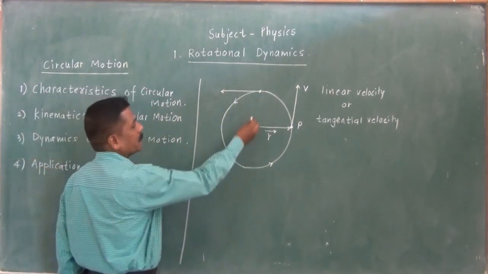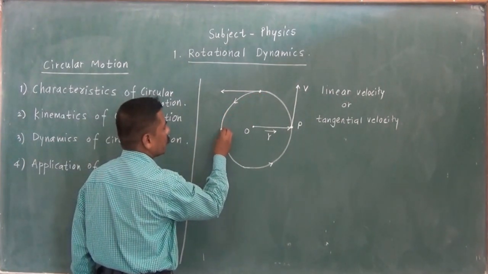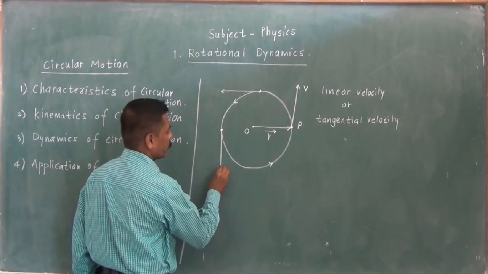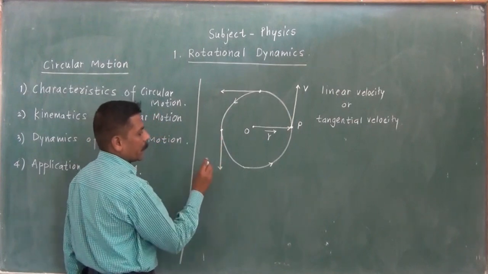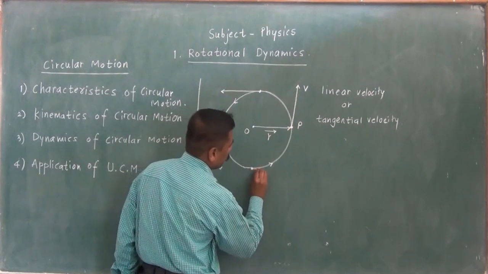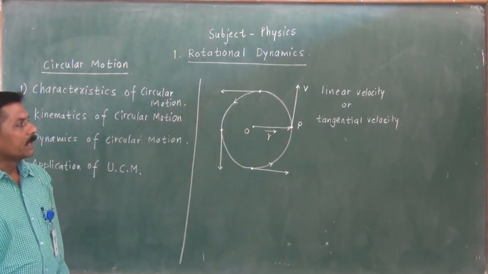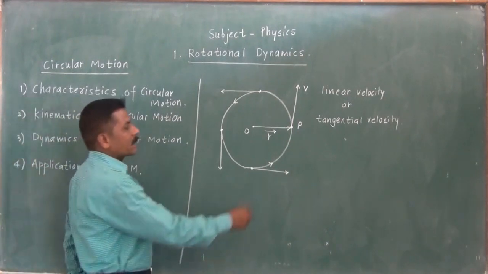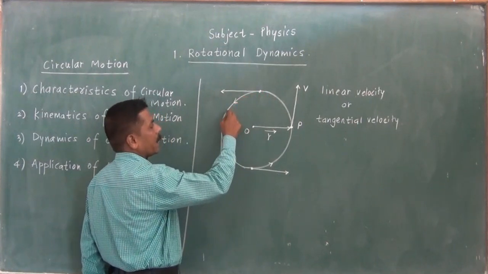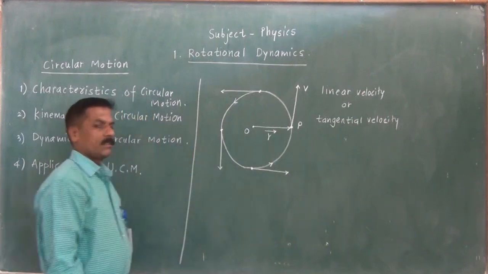As time passes, the particle will move in this direction. Suppose this is the position of the particle, then this is the direction of the velocity. Similarly, here is the direction of the velocity. So you will get the idea: as the particle changes its position, the direction of the velocity also goes on changing.